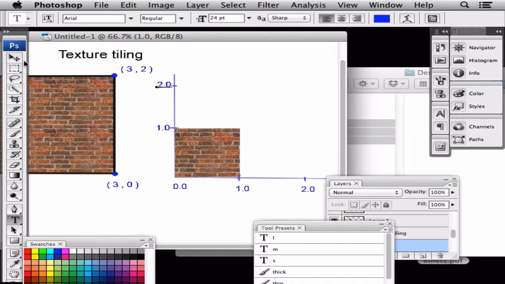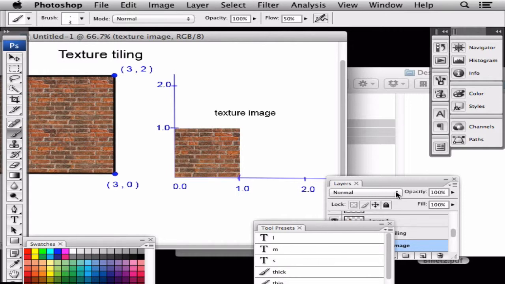And just to be clear, this is the texture image, it's not geometry. We are in UV space here.